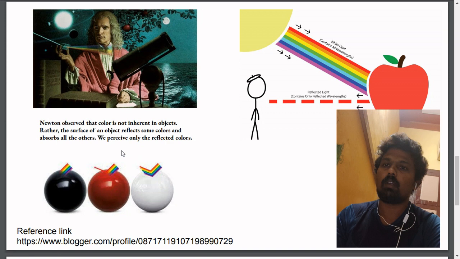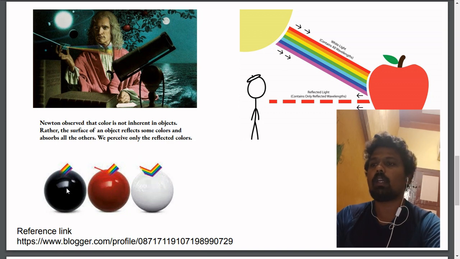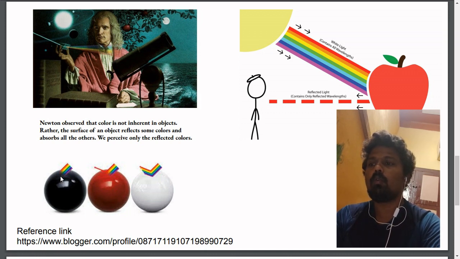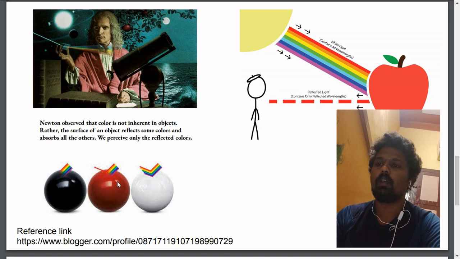Here the question will come: what about a black or white object? When the same white light falls on a black object, no color is reflected, which means all the 7 colors have been absorbed by the black surface. Whereas in red, as we discussed, among the 7 all 6 except red are absorbed, and only red is reflected.